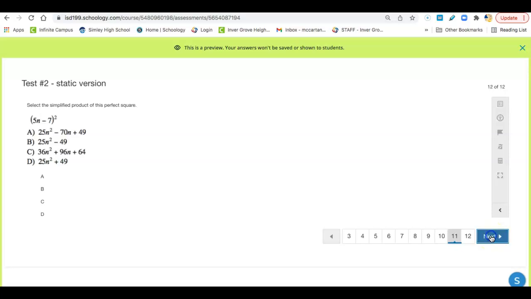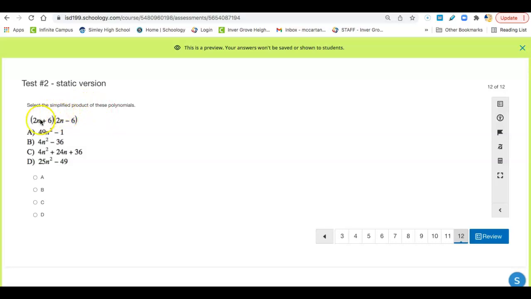The last one, number 12. All right, this is the conjugate pair. This is not a perfect square. These signs are different. So our answer has only 2 terms because the middle term disappears.